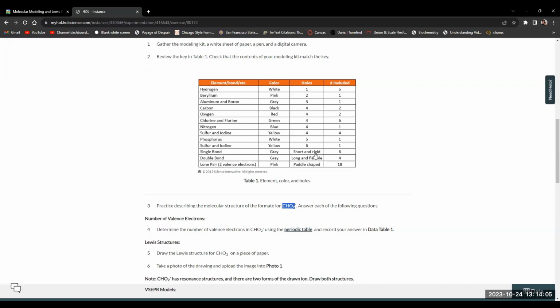Carbon, we're gonna use a black one with 4 holes. Hydrogen is again the tiny white ones with a single hole on them. And oxygen is the red ones.